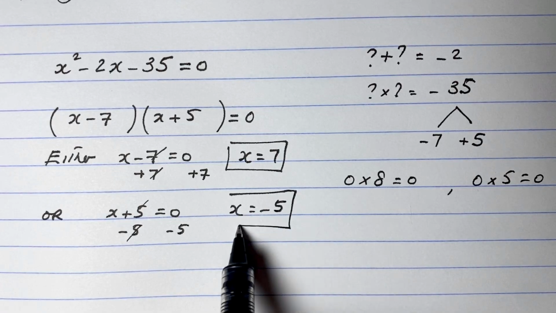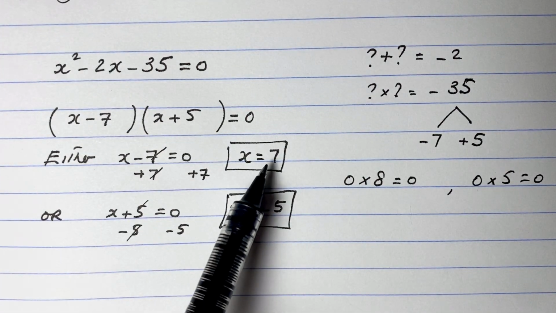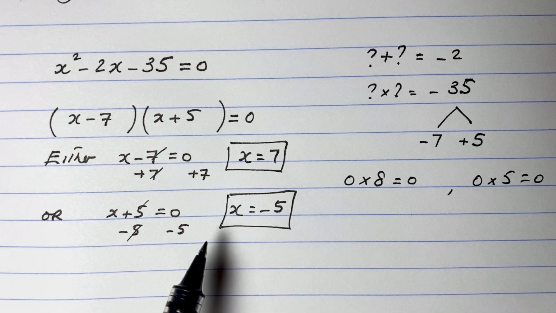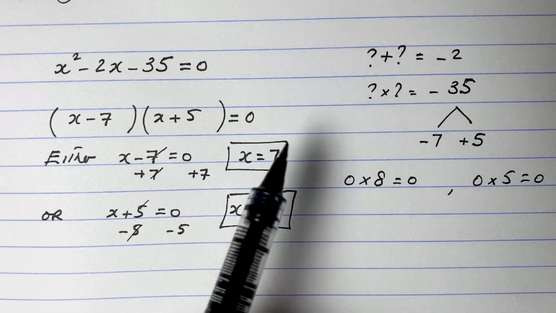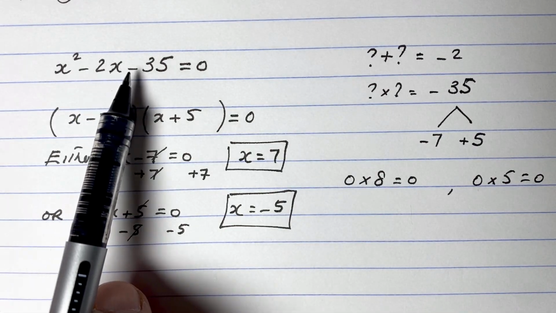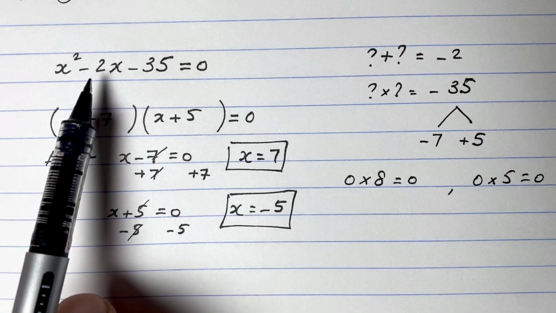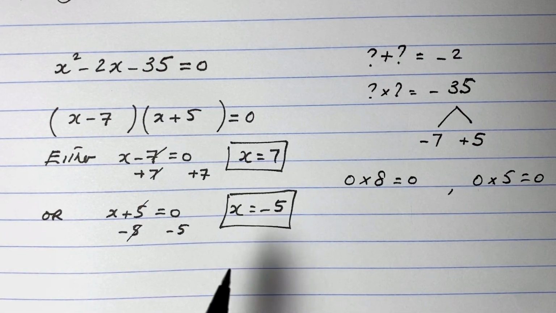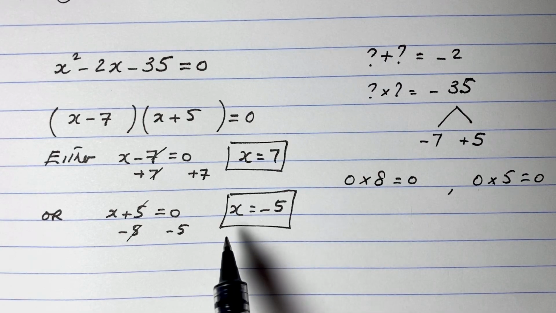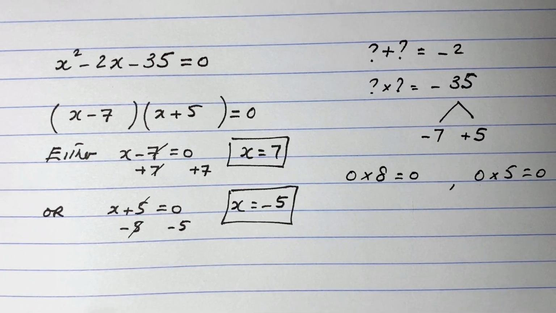So the solution to this quadratic is two answers, 7 and minus 5. What this means is if you replace x as 7 in here, you get 0. If you replace x as minus 5 here, you also get 0. So x as 7 and minus 5 are called the roots or the solutions of this quadratic equation.